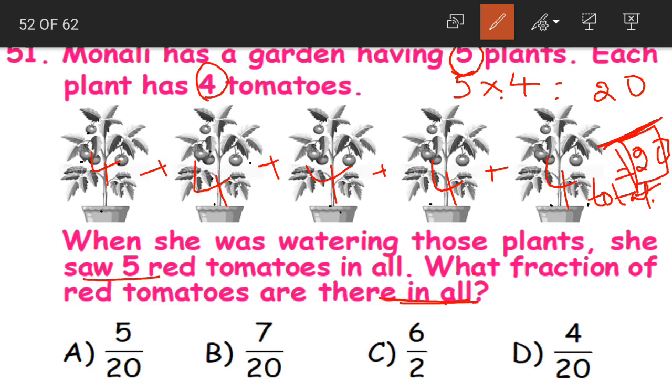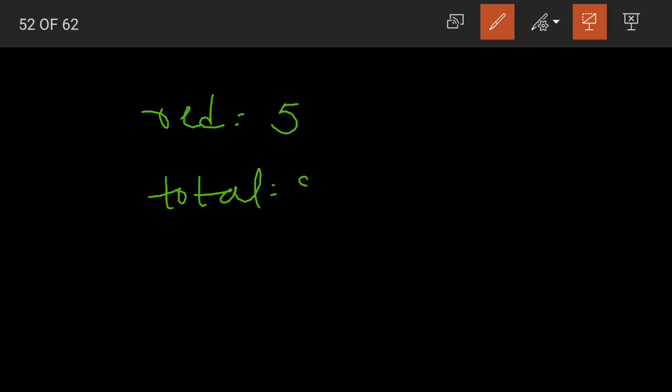Now what is the fraction of the red tomatoes, children? What will it be? See, the number of red tomatoes are 5. The total number of tomatoes are nothing but 4 into 5, that is, number of plants are 5 and number of tomatoes on each plant are 4. 4 5s are 20.